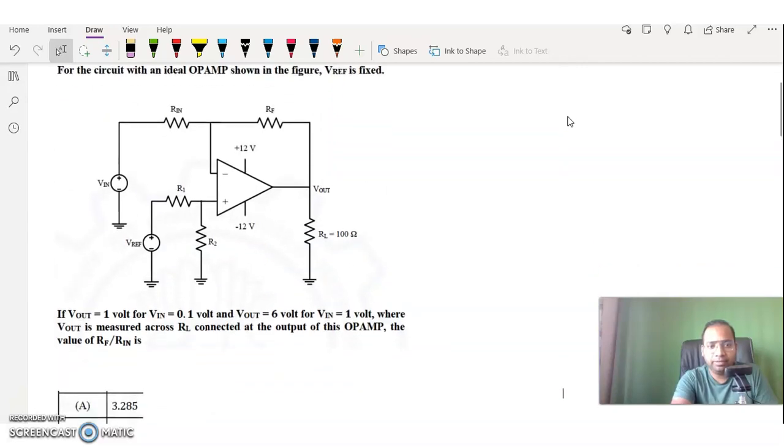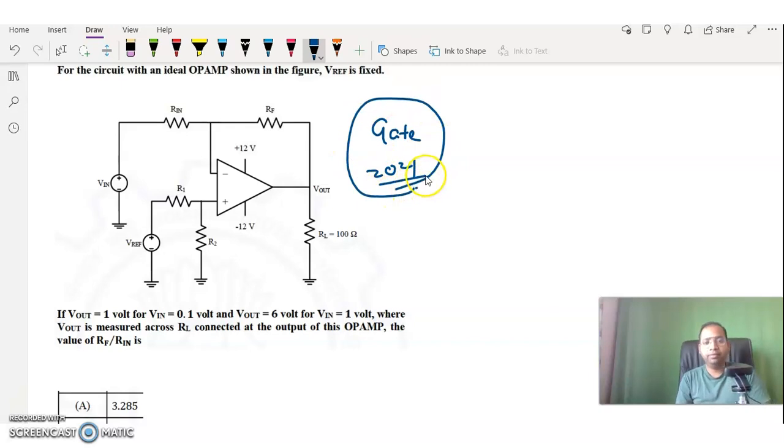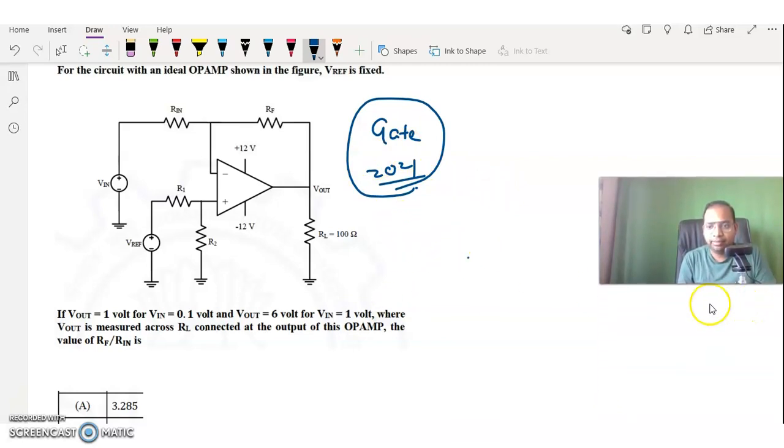It is also a GATE 2021 question. So take both these questions as an assignment and try to solve them. In the next video I will tell you the solutions for both these questions. Take this as practice, and use the same concept we did right now to solve these problems.